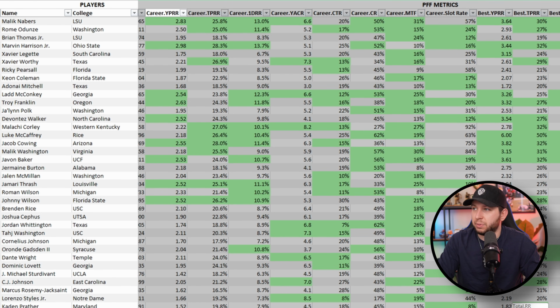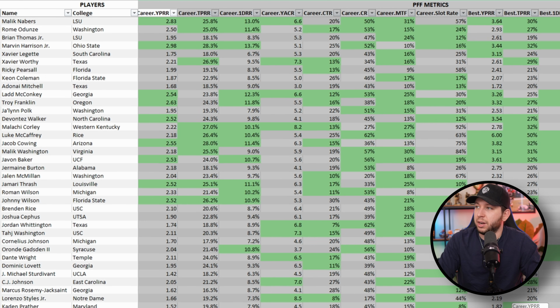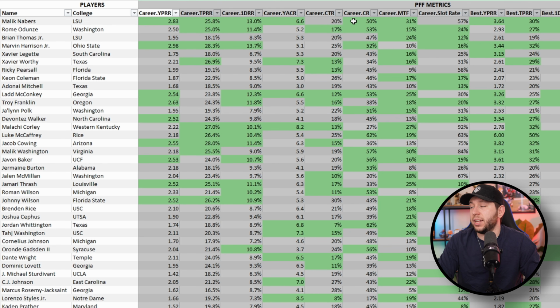Like I said, yards per route run, targets per route run, first downs per route run, yards after catch per reception, contested catch rate, contested catch receiving percentage, missed tackles, and slot rate. Because generally, if you're a high slot rate player in college, you usually get typecast as a slot player in the NFL, and usually slot usage does not generally equate to high elite upside NFL success for the wide receiver position. So I kind of penalize people for being highly utilized in the slot.